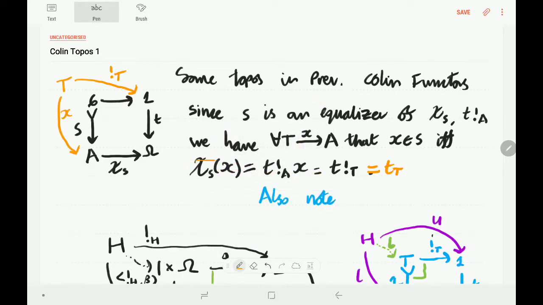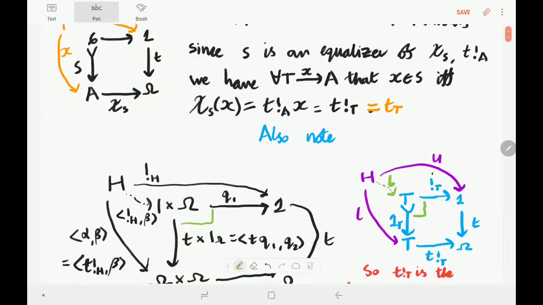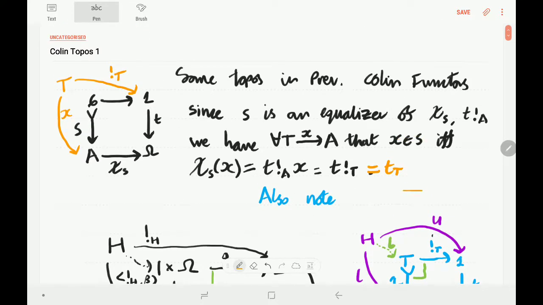Basically, we have that chi of S of X is true, or true after arrow to terminal object, if and only if this X is in S. So this chi here is a sort of function, or a sort of arrow, which is classifying what's in this monic S. And this X is in S is sometimes said as X is a member of the monic S. By this I mean that there exists a K, so X is in S means there exists a K such that X is equal to SK.